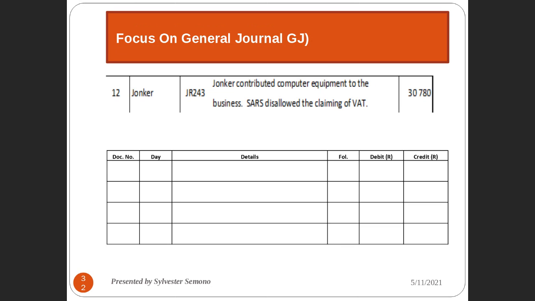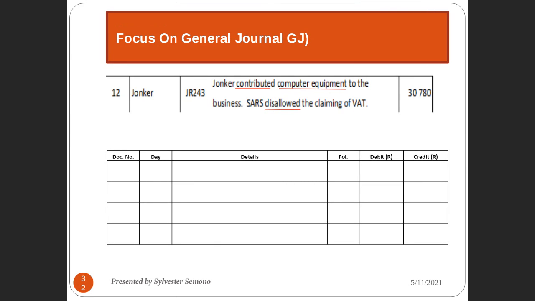Okay. So I want us to go through this and then decide. Remember, here we need our accounting skills back. Firstly, we need to come up with the accounts involved. So let's say you are writing exam. They say John Carr contributed, remember John Carr is the owner of the business, he contributed computer equipment, but SARS unfortunately disallowed.